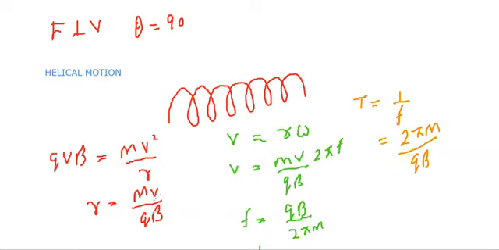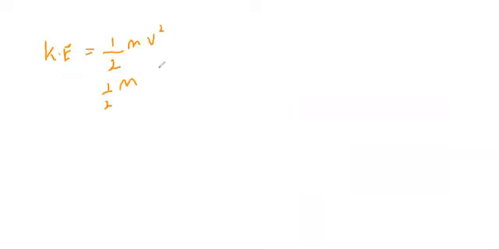Also, you can calculate the energy gained by that charged particle. Kinetic energy is half mv square. It would be half mass and velocity square. You can find the value of velocity from here, qBr by m. So half m into qBr by m whole square.